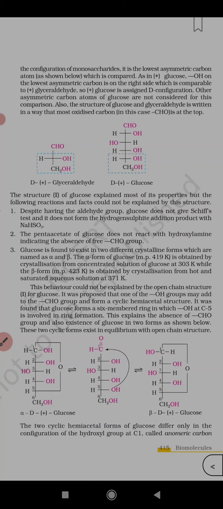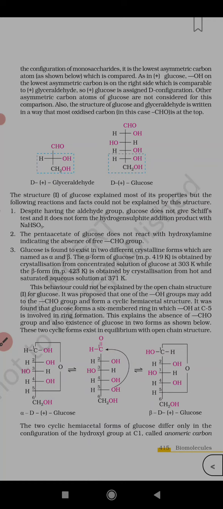Something else is there, that is the cyclic form of glucose.